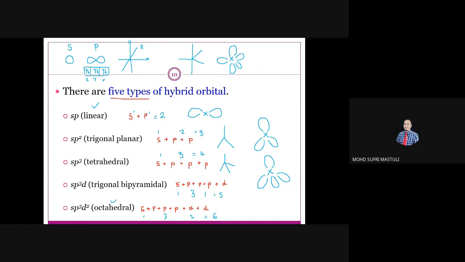So how does the octahedral look? This is the octahedral. So let's say we have an X atom, any central atom with octahedral geometry. We just draw the octahedral.